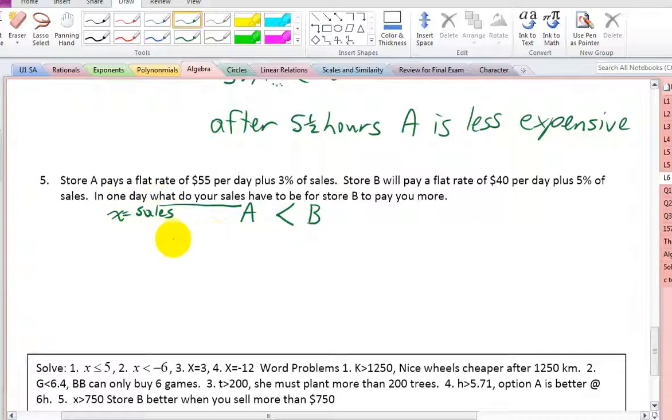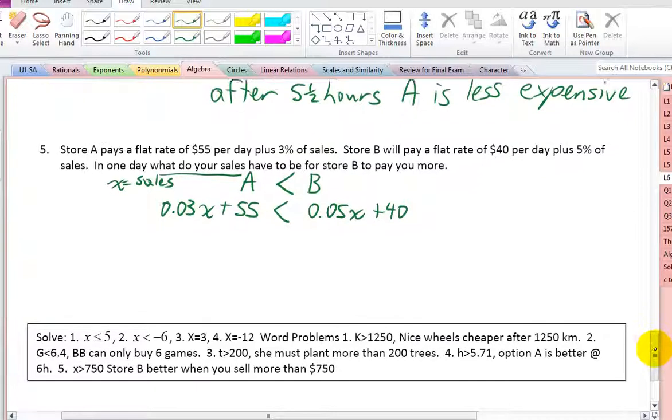So it's going to be 3% of your sales as a decimal, 0.03x plus 55. All percentages need to be decimals. Okay, it's the key for everything. For B, it's going to be 0.05x plus 40.